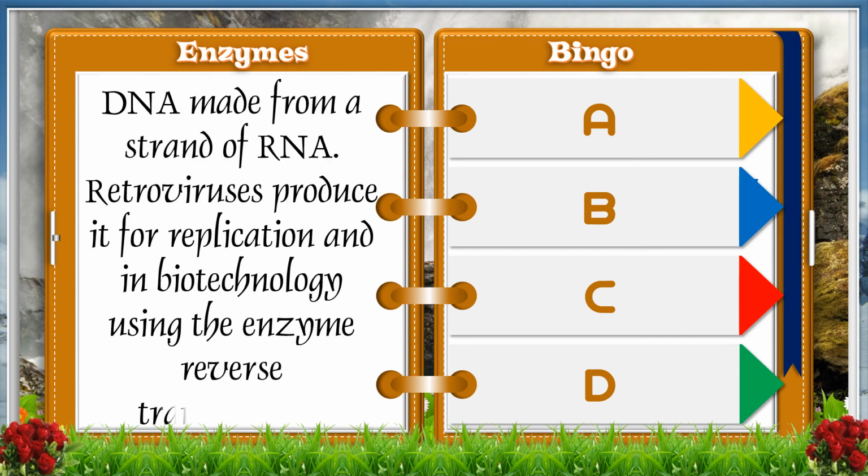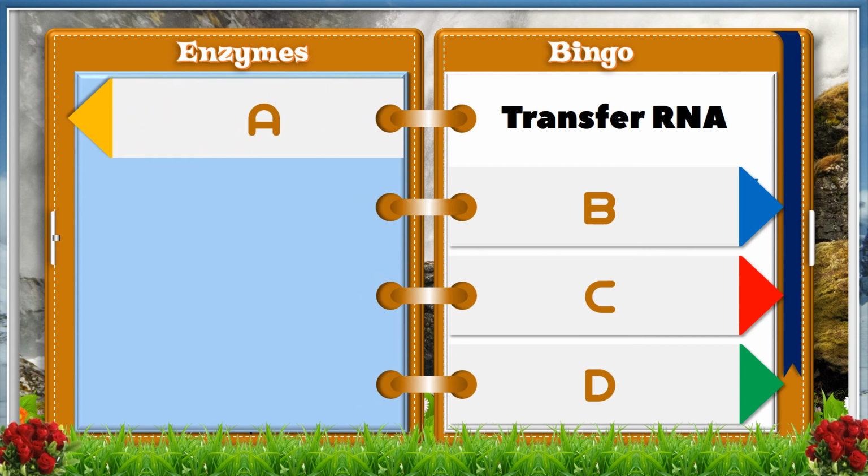DNA made from a strand of RNA. Retroviruses produce it for replication, and in biotechnology, using the enzyme reverse transcriptase. A. Transfer RNA.